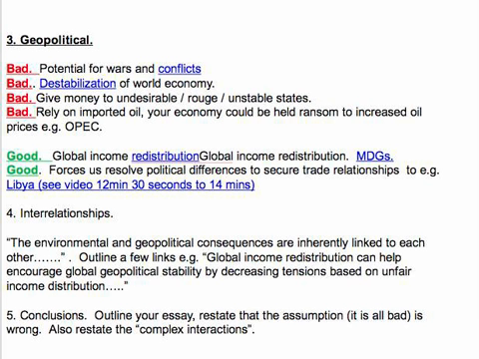So there we can see we're developing the idea of interrelationships. There's this link between the environmental impacts and the geopolitical consequences. They are linked to each other. Outline a few links in your essay.